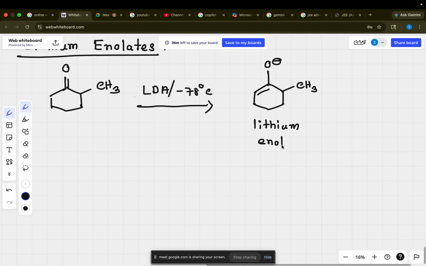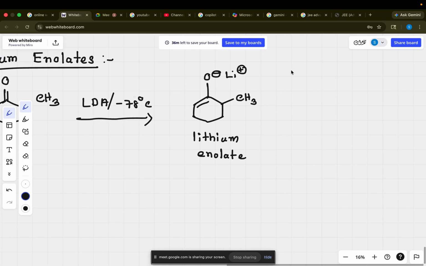Lithium enolate means here you will get O minus and here you have lithium plus. So this is your lithium enolate. Now suppose I am giving CH3I here, methyl iodide. What can happen? Tell me what can happen now.